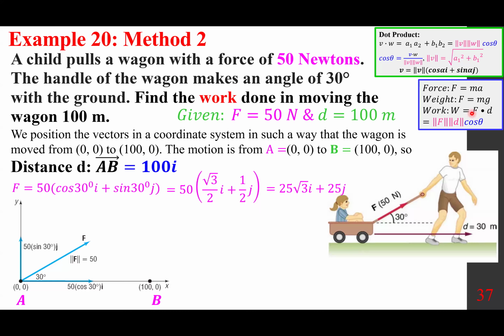And the work is their dot product. So F dot D, or F dot AB. So just write each one. F is this vector. These are the components, everybody. And AB is this vector, 100I plus 0J.